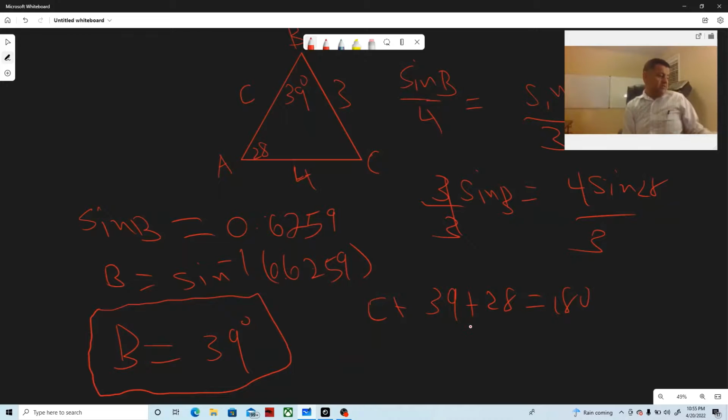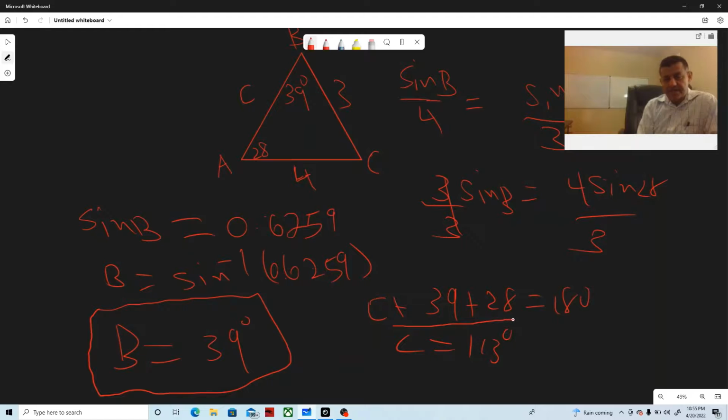It does on both sides, right? So then we got 180 minus 67... so now, when I subtract this amount from 180, I get that C is equal to 113 degrees, right?